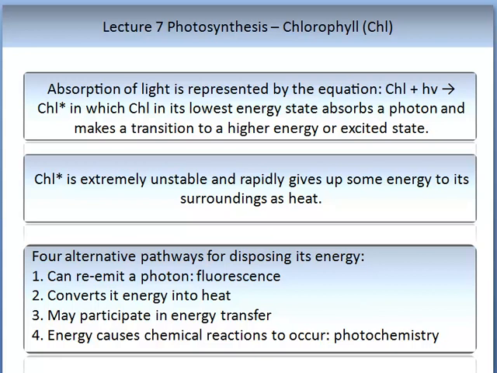It can re-emit a photon, and this is called fluorescence. It can convert the photon energy into heat. It may participate in energy transfer. Remember, energy is never lost, it's only transferred. Or fourthly, energy causes a chemical reaction to occur, and this is photochemistry.